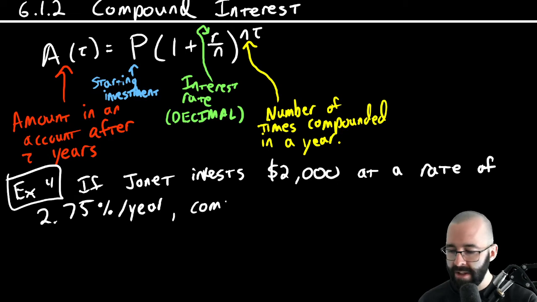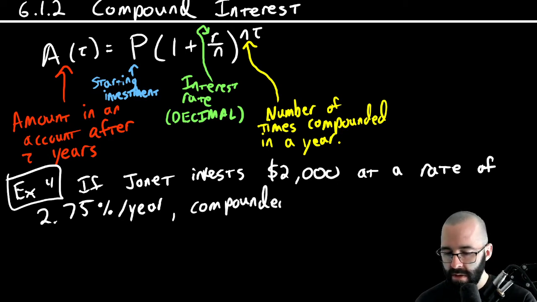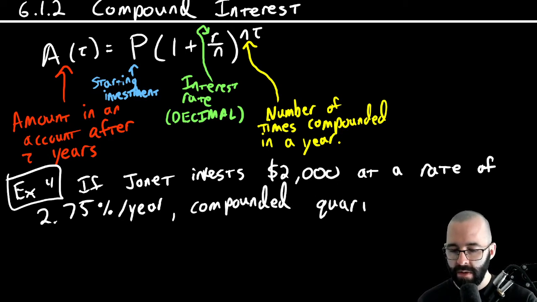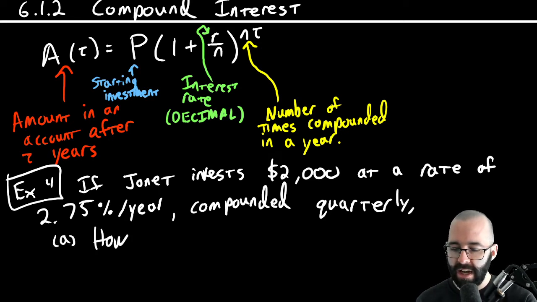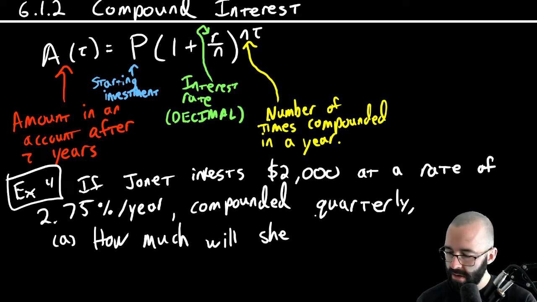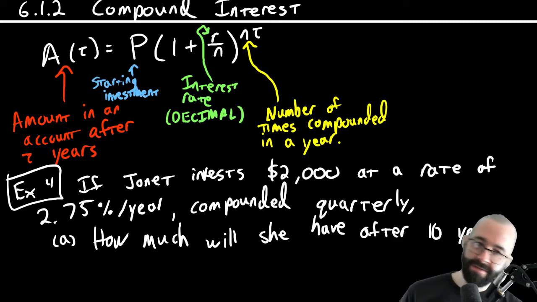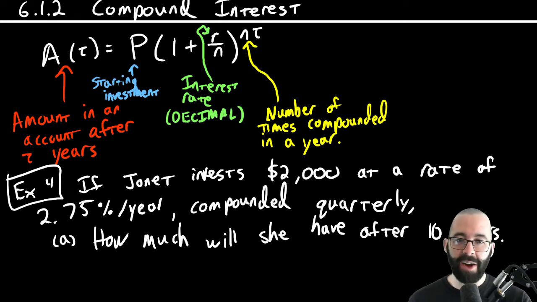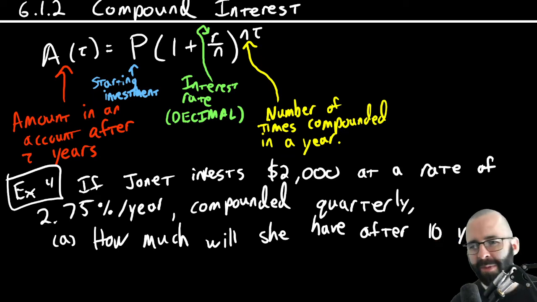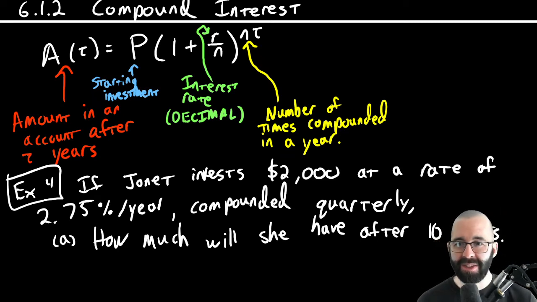And compounded quarterly. Question is, part A, how much will she have after 10 years? This is very similar to the question, how much could $2,000 be worth in 10 years because of inflation. That's the more depressing way of viewing this question.